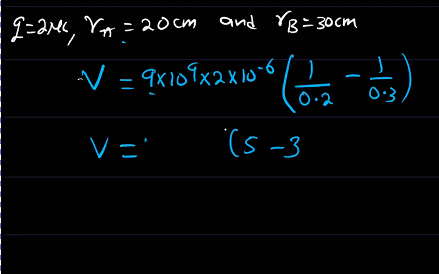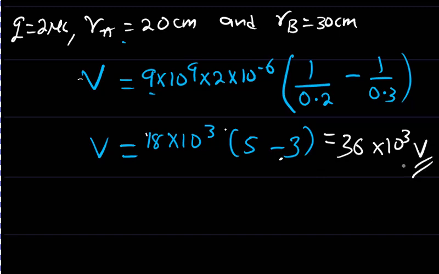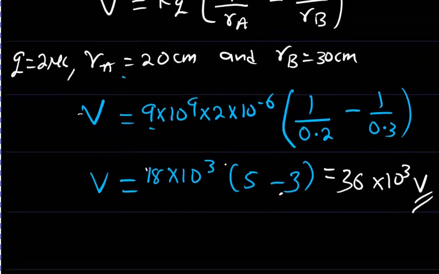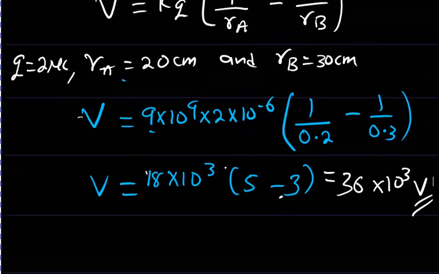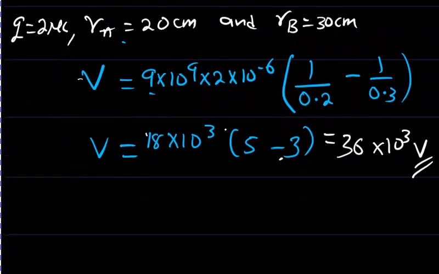Of course, this is going to be 18 times 10 raised to the power of 3. So this is 2 times 18, that's 36. 36 times 10 raised to the power of 3, measured in volts, is the electric potential difference between those 2 points. I hope that is well understood.